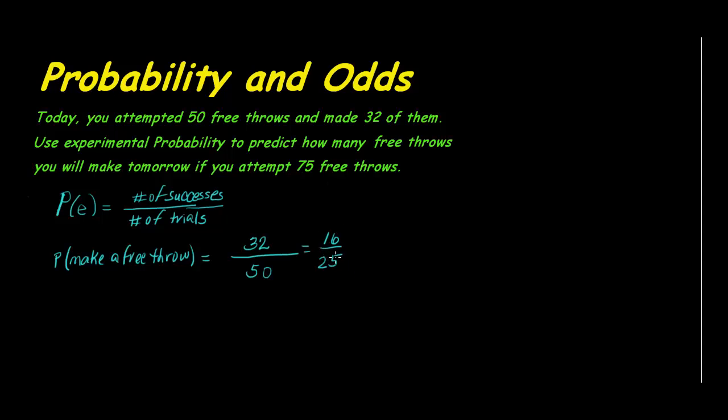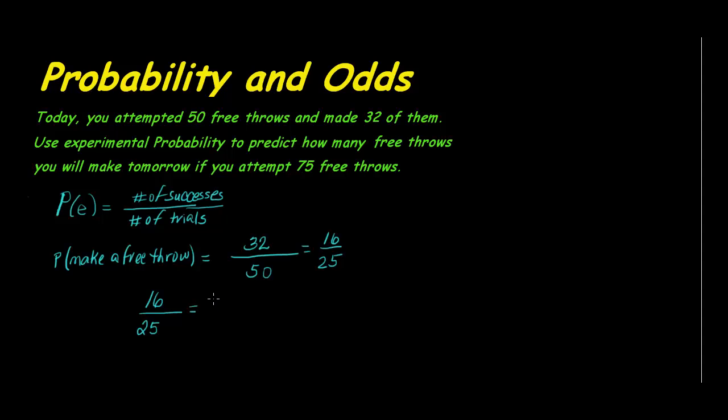So now we're going to make a prediction about how many you will probably make tomorrow if you had more trials. So what you do is you set up a proportion. 16 out of 25 was the probability of making 32 out of 50 free throws yesterday.